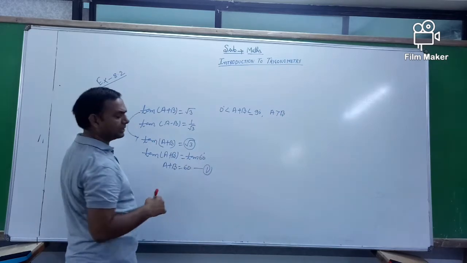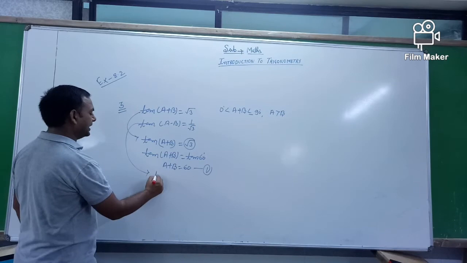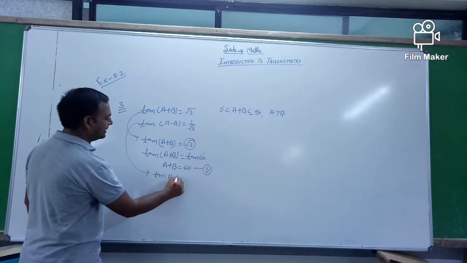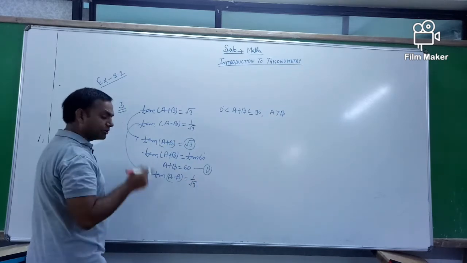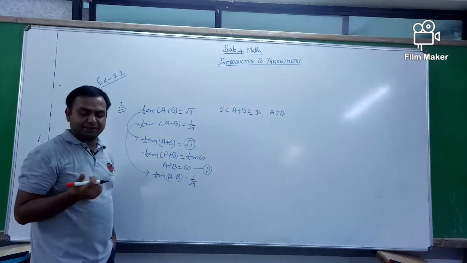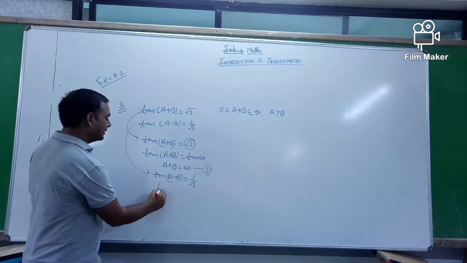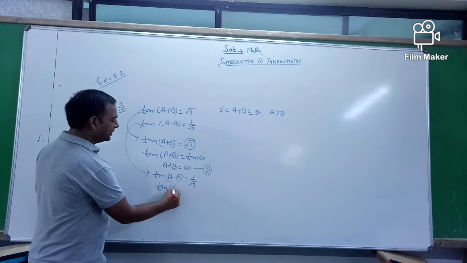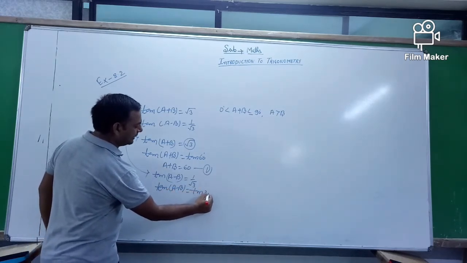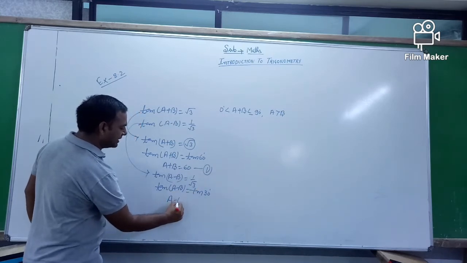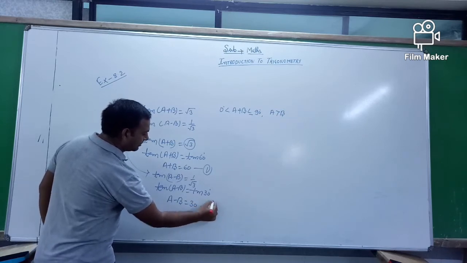It is equation number 1. Second, tan of A minus B is equal to 1 by root 3. Tan 30 is equal to 1 by root 3, so A minus B is equal to 30 degrees. This is equation number 2.